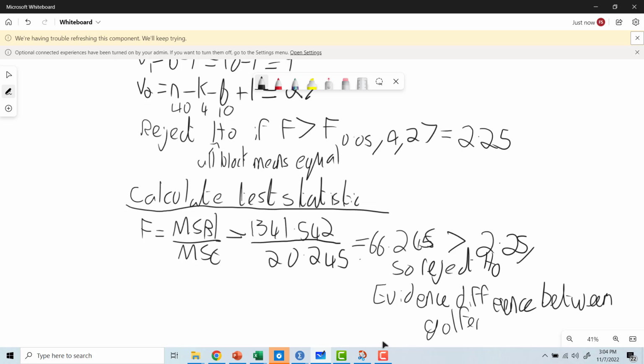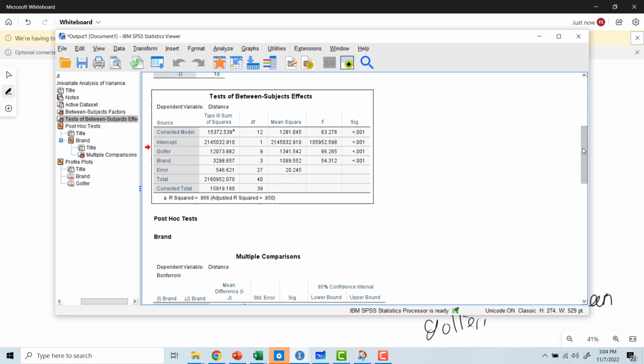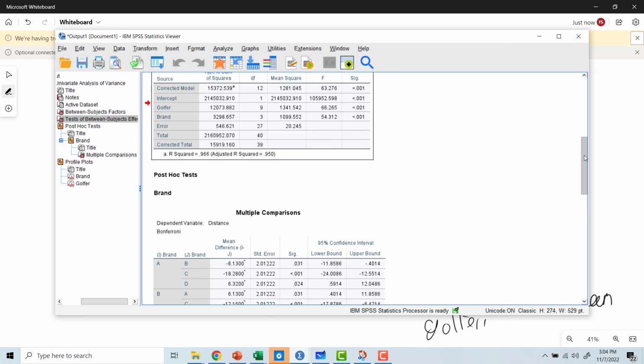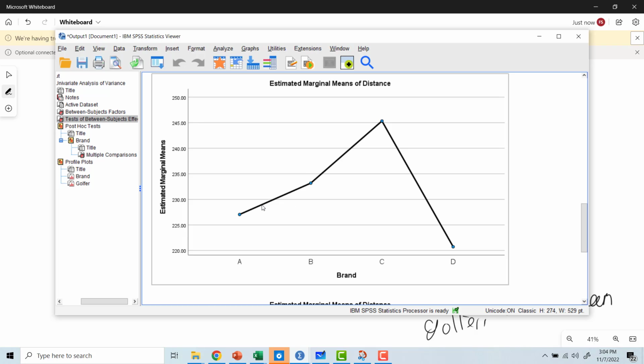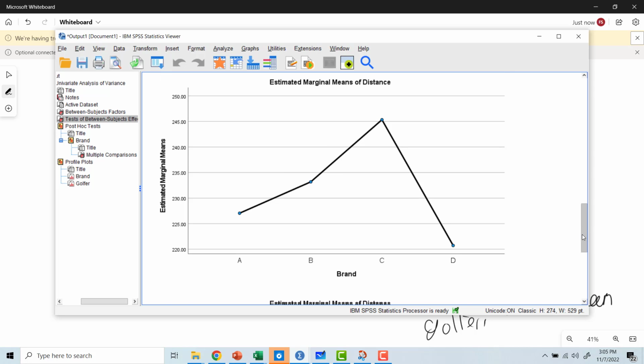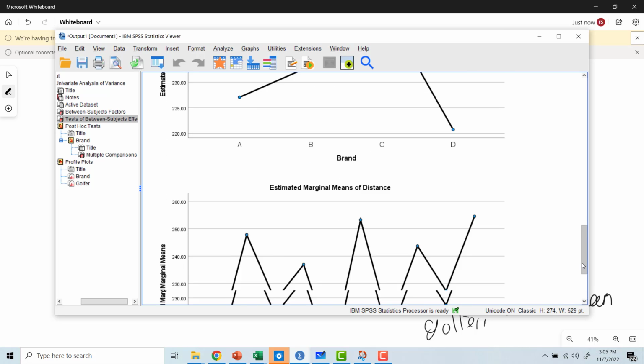And a final little thing, let's just look a little bit back at SPSS. I won't go through it because we did this last class, but if you look at the post hoc tests and the marginal means, these really haven't changed. You can see this time we've got D as the lowest, then A, then B, and then C. And obviously there's no real rhyme or reason for the difference between the golfers.